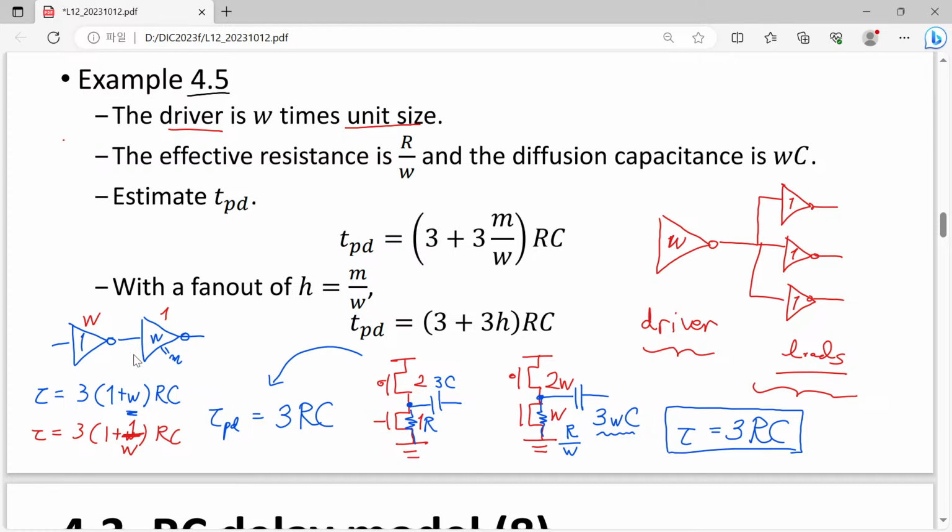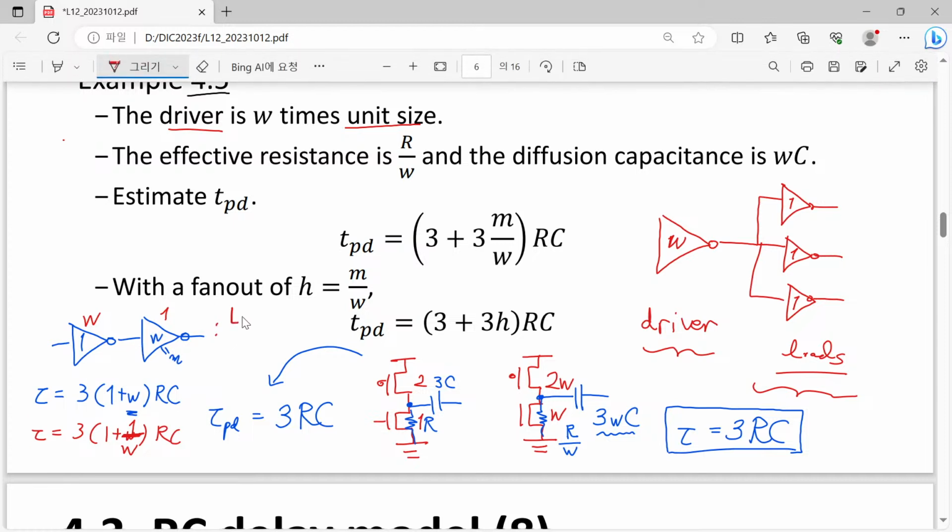Because, from the viewpoint of our previous driver, in this blue case, the load is W times heavier. However, sorry, this red colored one is for our blue case.